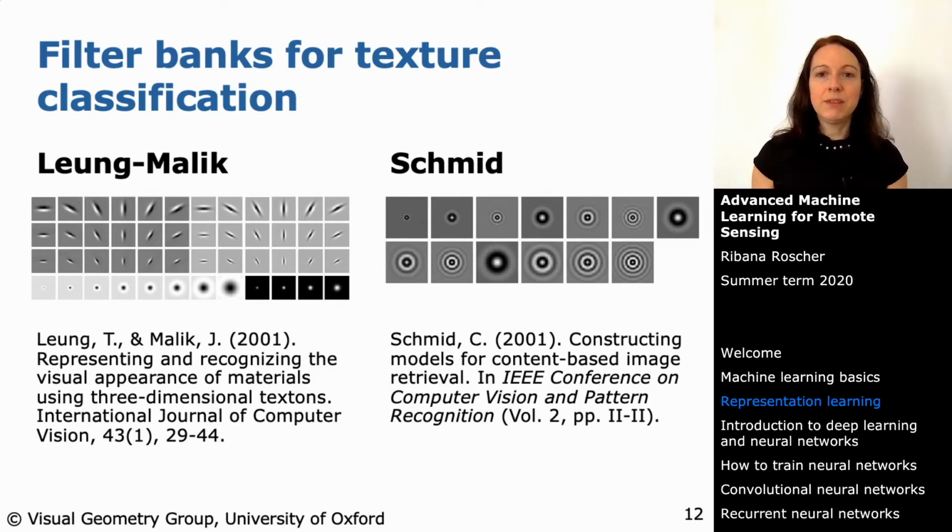And the Schmidt filter bank consists of rotation invariant filters. And so again, it's important to capture the image content independent of the rotation of the image. This is one example. And in the Leung-Malik, this rotation invariance is somehow captured by having different orientations of the filters.